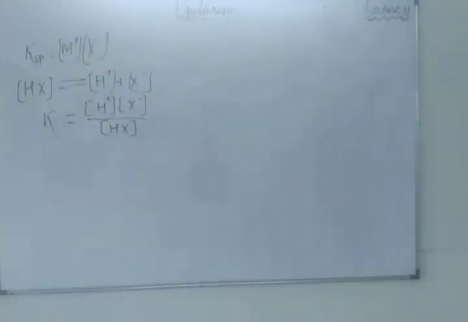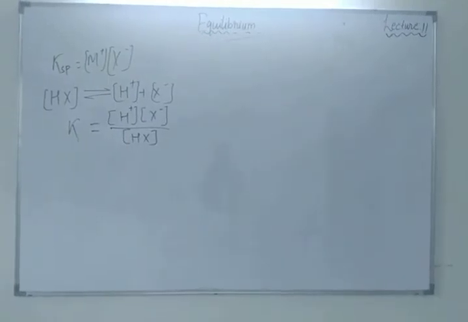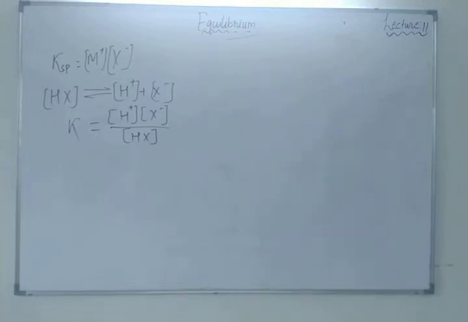Don't worry. Now is it coming perfect? I think so. Right? So here, as you have seen, the concentrations of H plus and X minus give the acidic ionization constant, as we have already calculated also.